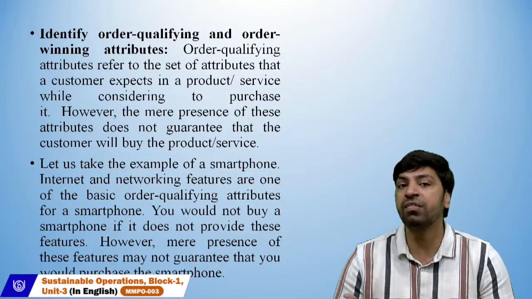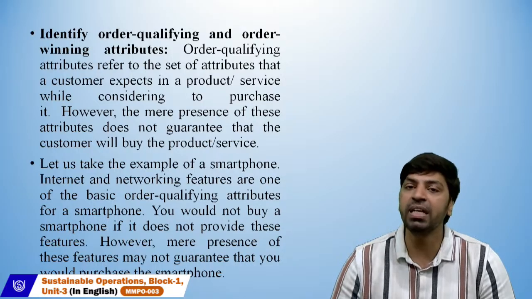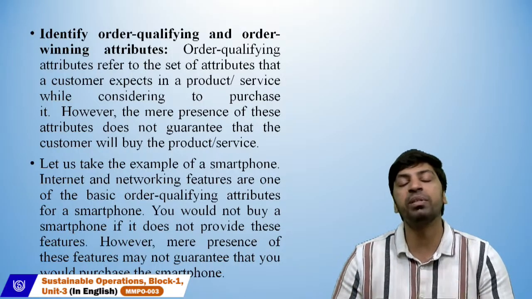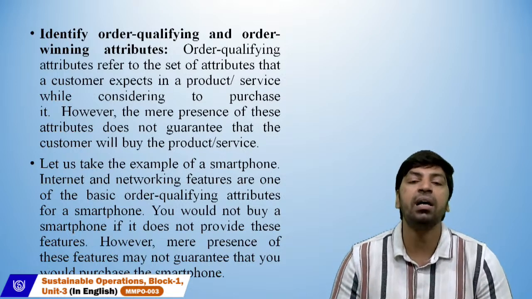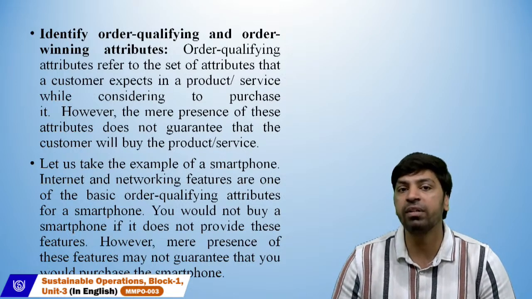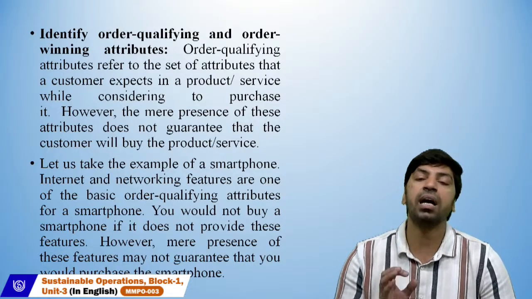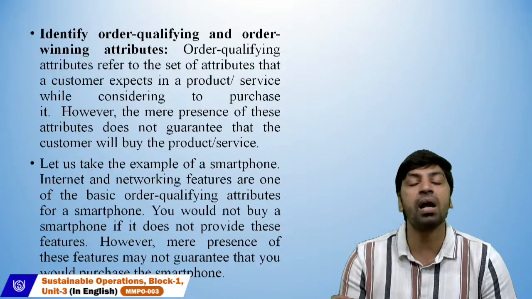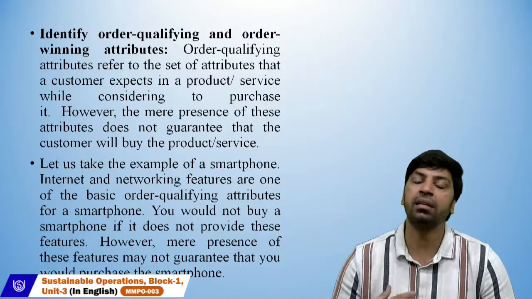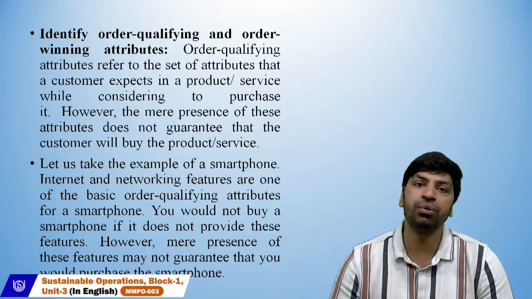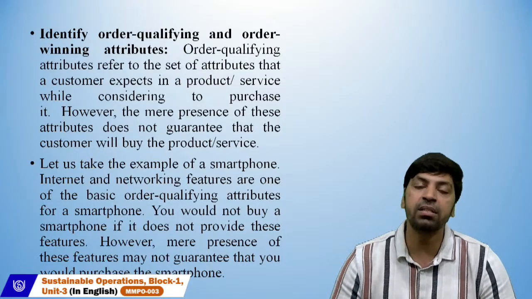If I want internet and networking features, and in the smartphone these features are not available, why should I buy it? However, these features do not guarantee that a customer will buy or purchase the smartphone. These basic attributes are actually called the order qualifying factors and attributes.